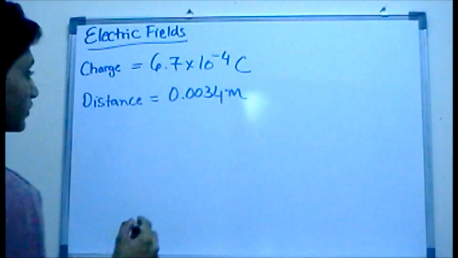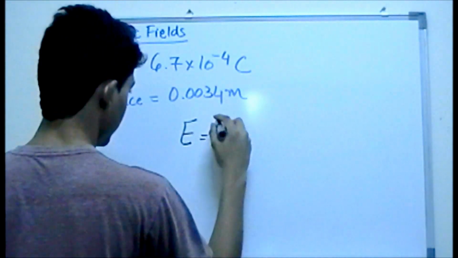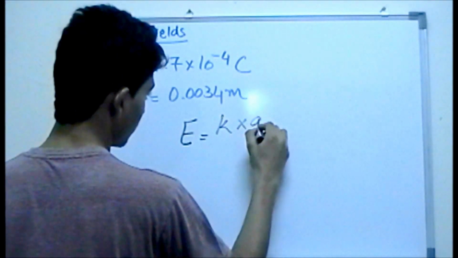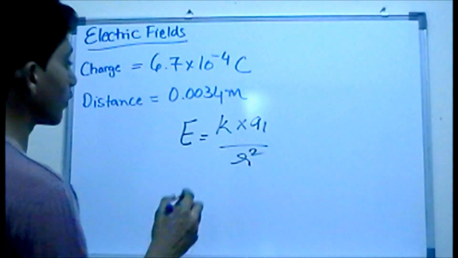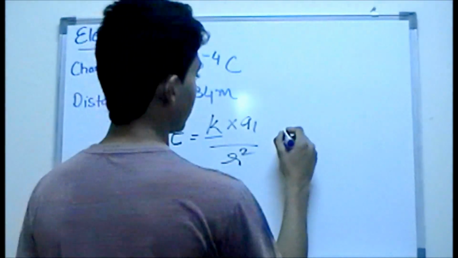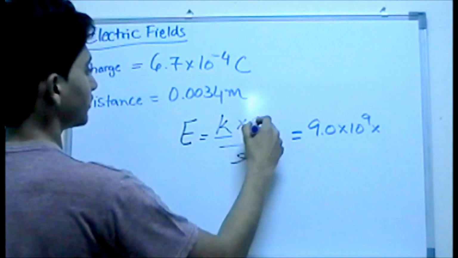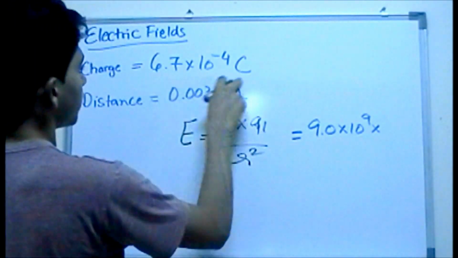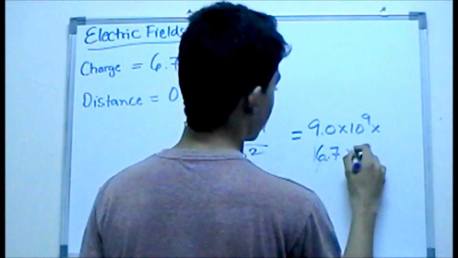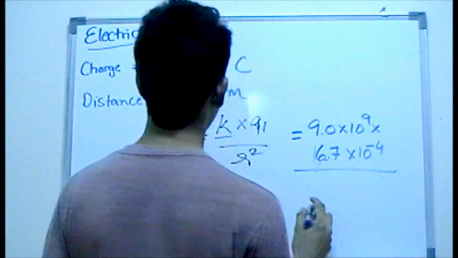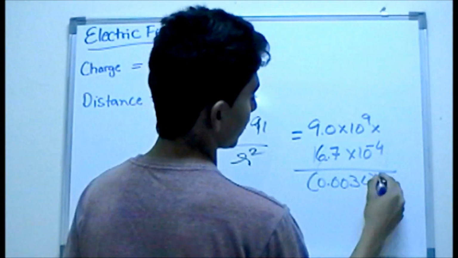Now we already know the equation which says the electric field is equal to K times Q1 divided by the radius squared. You know the value of K, which is 9.0 times 10 raised to 9, times the charged particle, which is 6.7 times 10 raised to negative 4, and you divide that by the distance, which is 0.0034 squared.